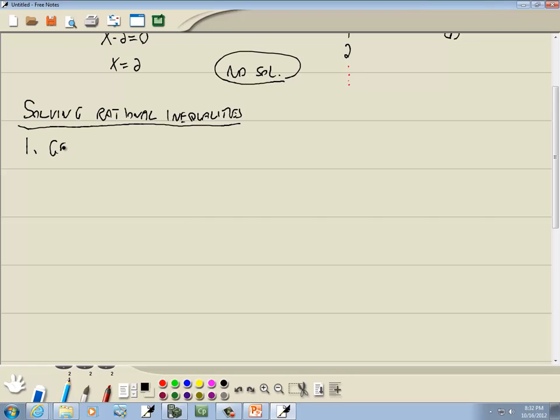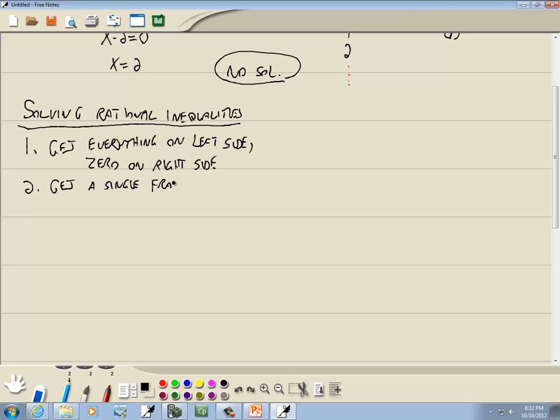Step 1. Get everything on the left side. Zero on the right side. Step 2. Get a single fraction. Rational means a single fraction. If you don't have a single fraction, you can't go through these steps.